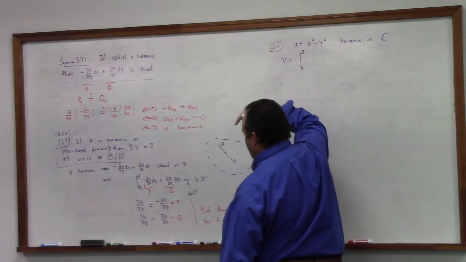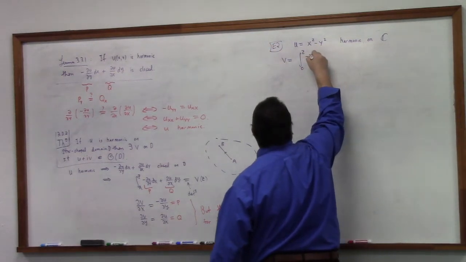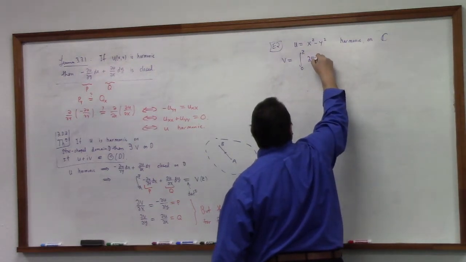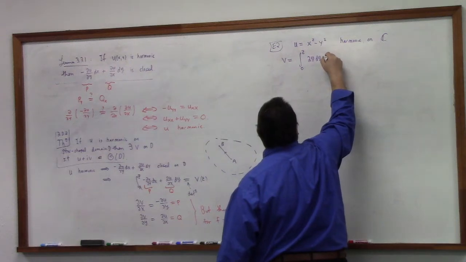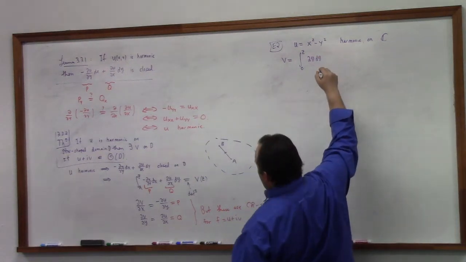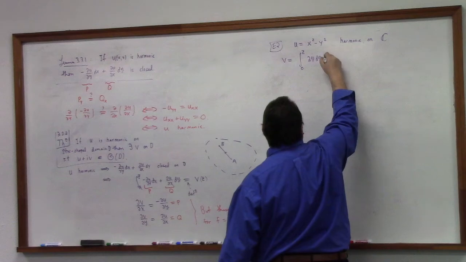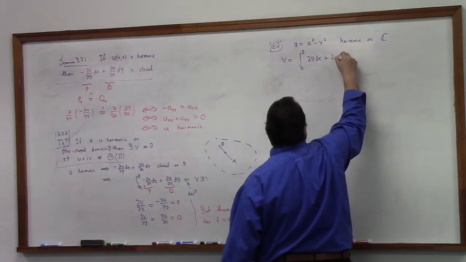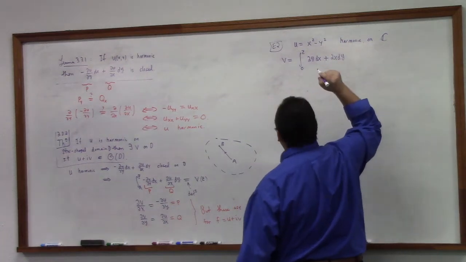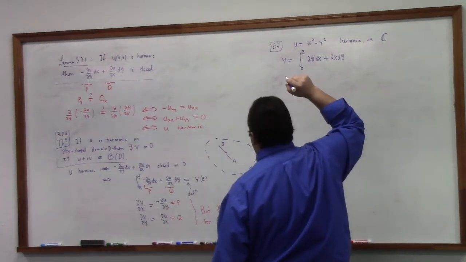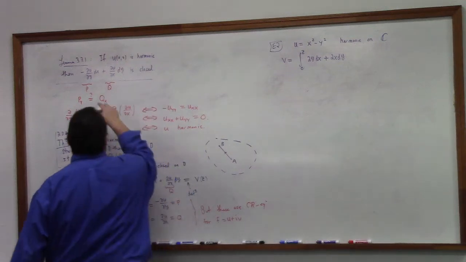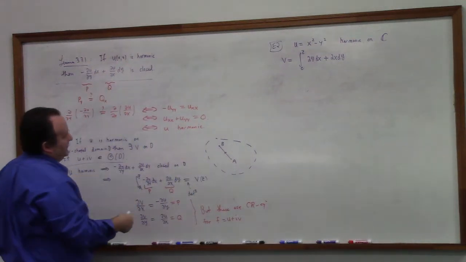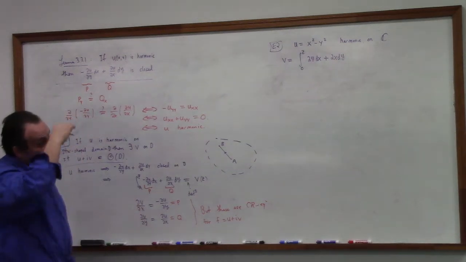Minus partial u partial y, which is 2y dx, and then plus partial u partial x, which in this case is 2x dy.